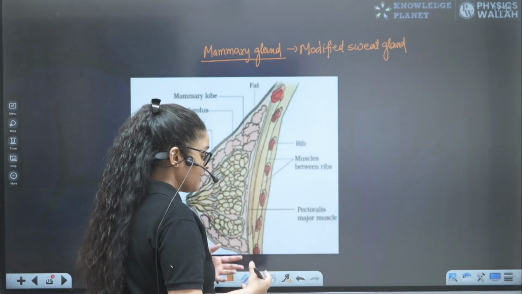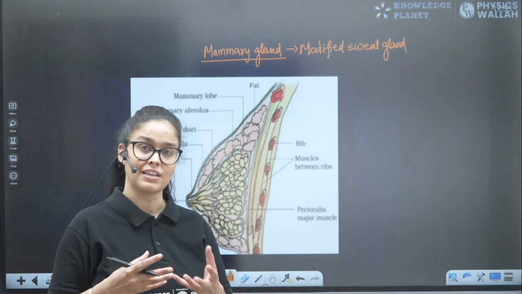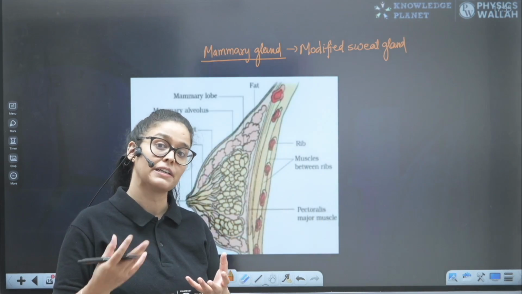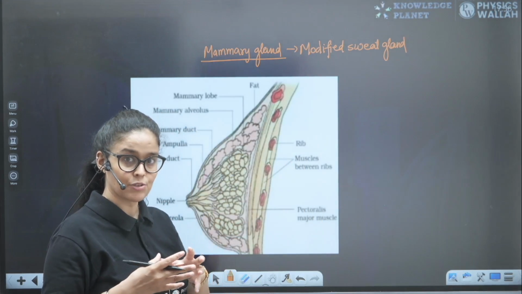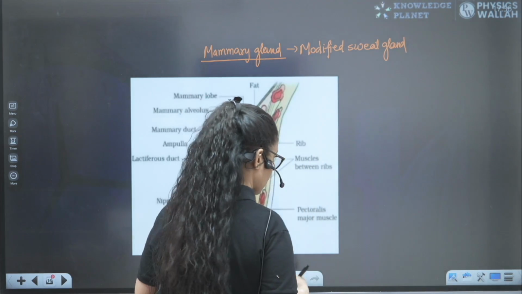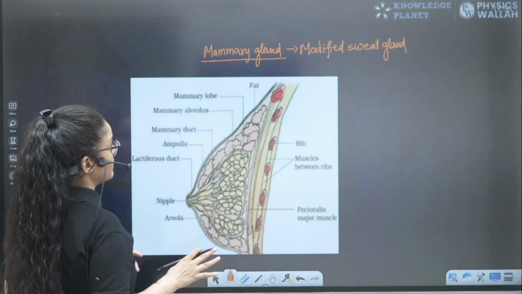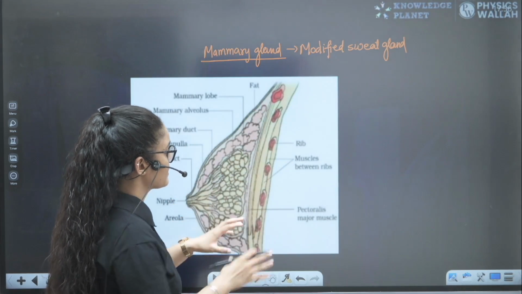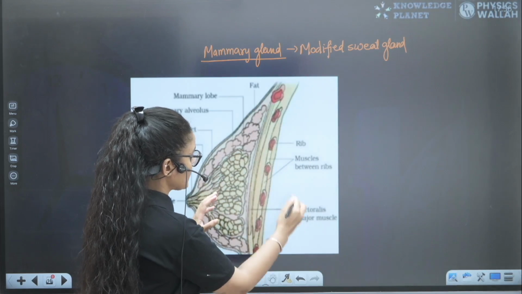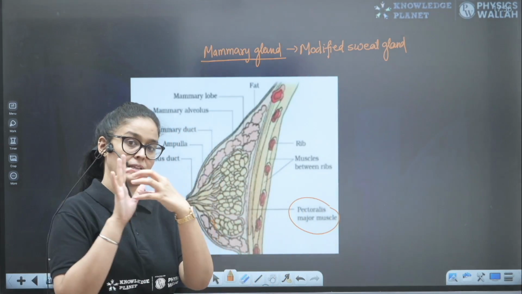In the female, mammary gland development is generally done by estrogen and progesterone during puberty, right? We know very well that during puberty it will start maturing and developing. So this is the structure of the mammary gland. It is attached to the pectoralis muscle. So there is a muscle, a back muscle, on which it is basically attached.